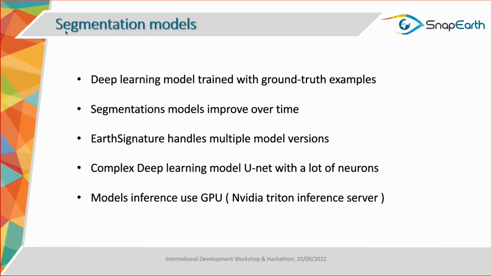Okay. Now I will talk more about the segmentation models. I talked before about the processing. Now I will talk mainly about how we compute the segmentation. So we take a deep learning model trained on ground truth examples.